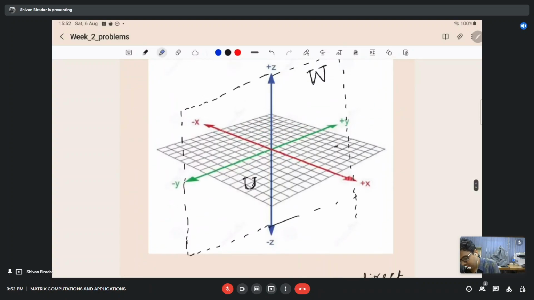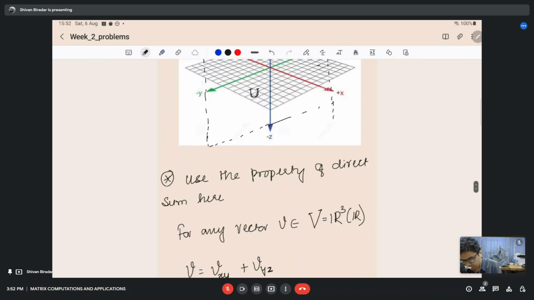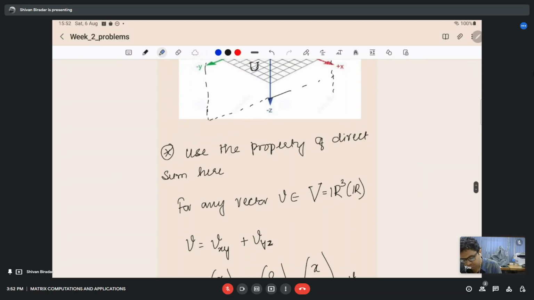Now I have to show whether this vector space V, which is equal to R3 over the field R, is the direct sum of these two subspaces U and W. Which means that if I take the sum of the two subspaces U and W, I must get the whole three-dimensional space R3. So we'll use the property of direct sum.